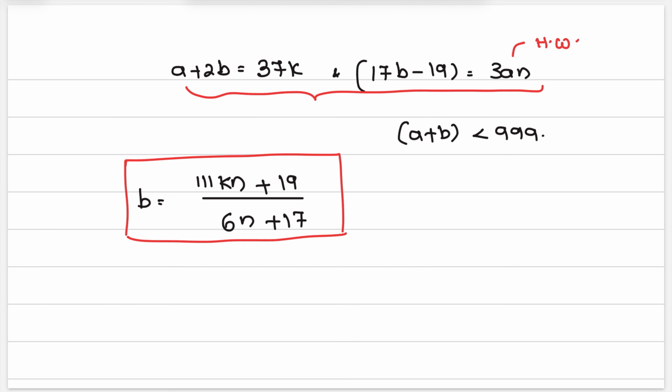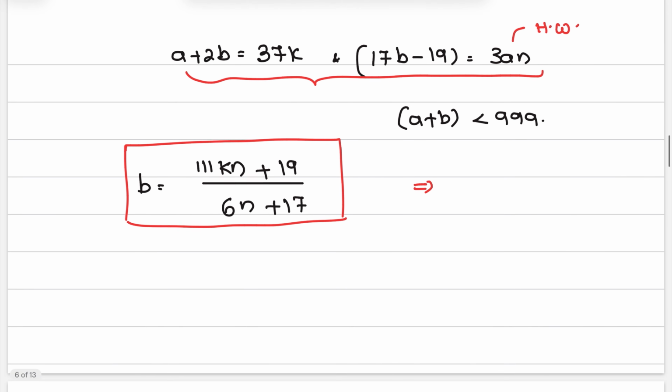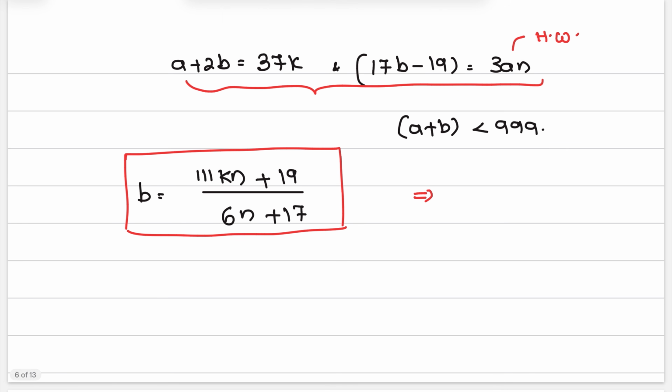Now, what we are to find out is A plus B. This is B. Then what is A plus B? A plus 2B is equal to 37k.